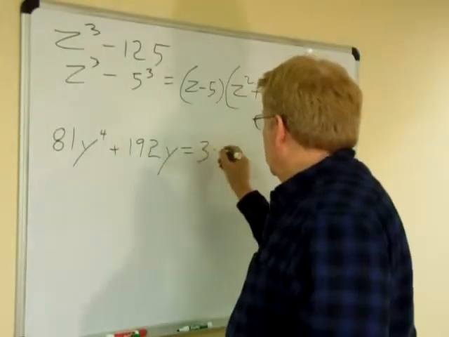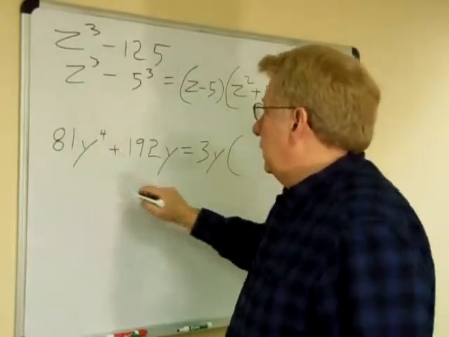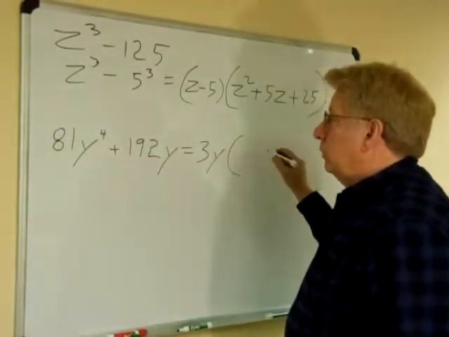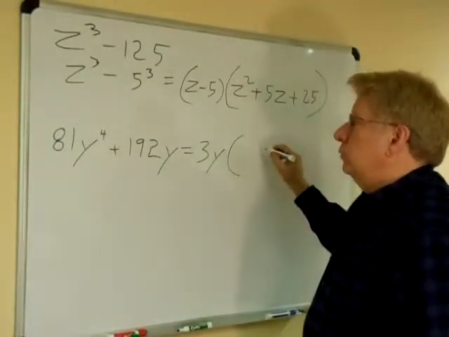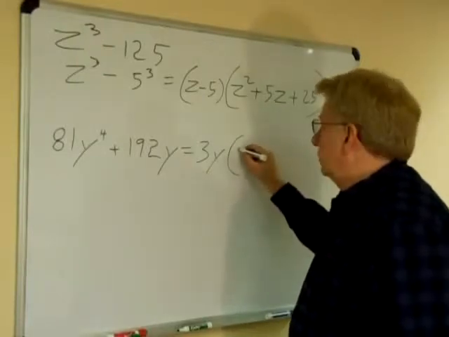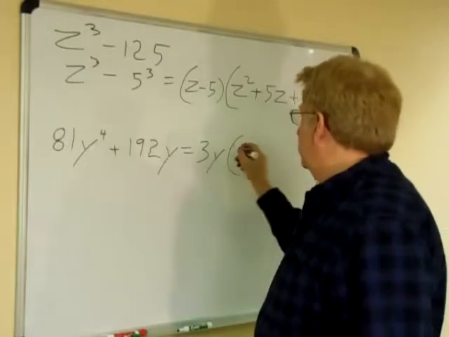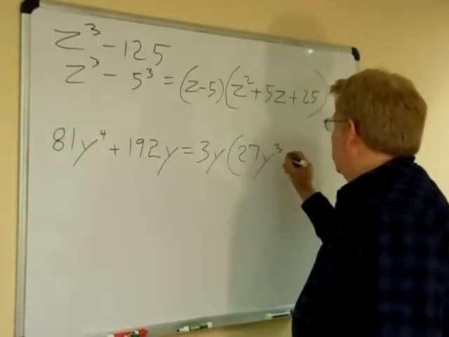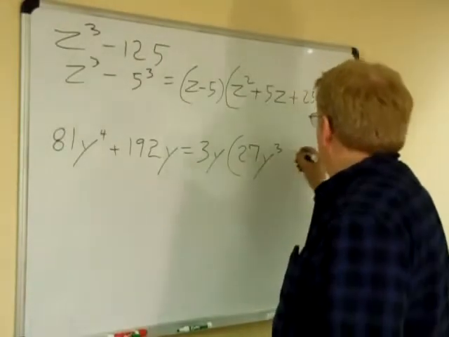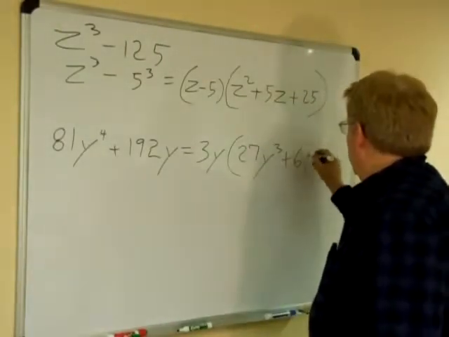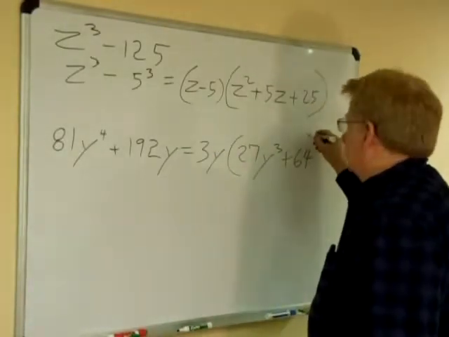So I'll take a greatest common factor of 3y out, and 3 into 81 would give us 27, and y into y to the 4th would be 4 minus 1, or y to the 3rd, and then 3 into 192 would give us 64, and y into y cancels, so that's out.